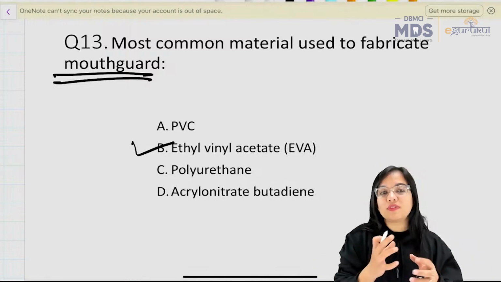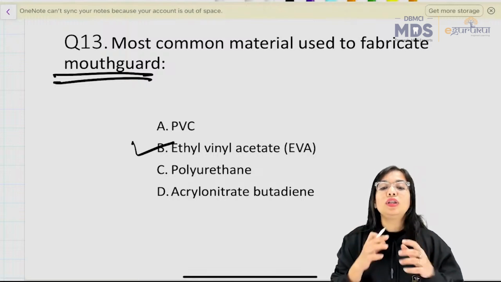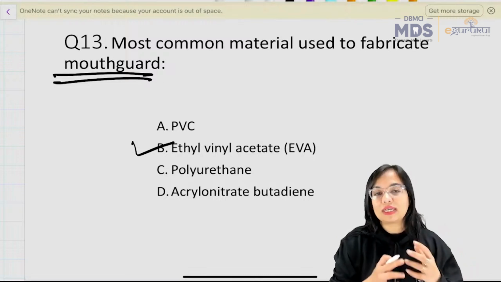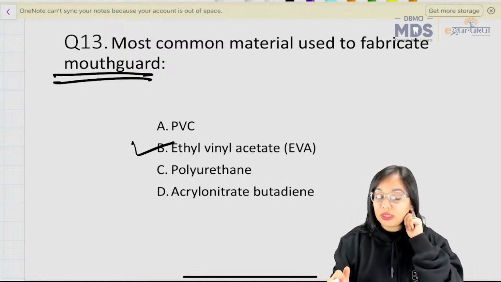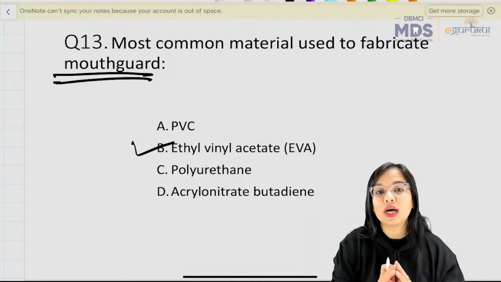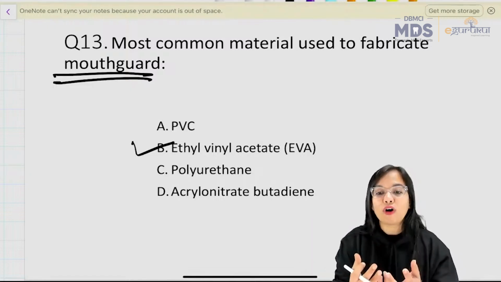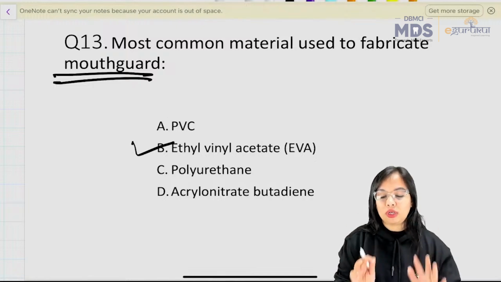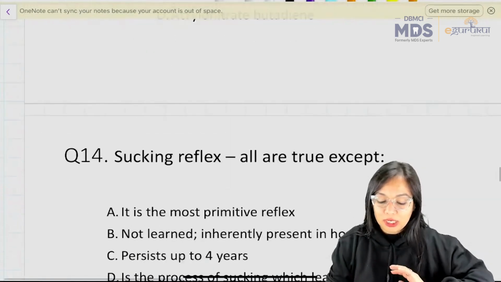The resistance to deformation can be measured, like how quickly it gets deformed, and again the wearer comfort. So on these three grounds you can judge a mouth guard: how much energy it absorbs, how fast it will get deformed, and third, how comfortable the wearer is with that particular mouth guard.